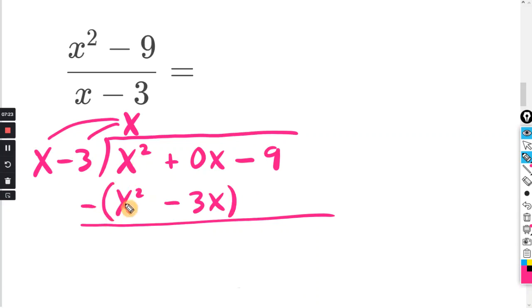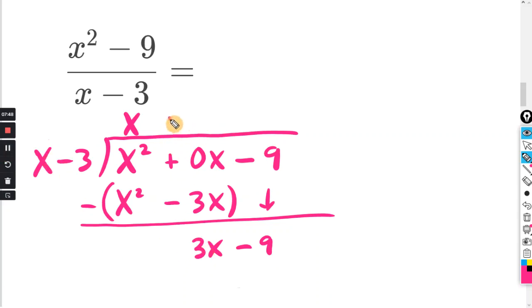X squared minus x squared is 0, and 0 minus negative 3 is the same as 0 plus 3. So 0 plus 3x is going to be 3x. And then you bring down the next term, negative 9.